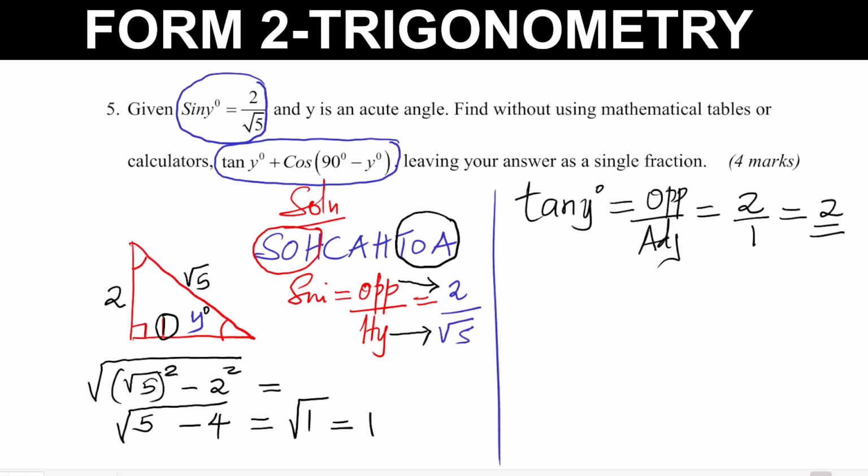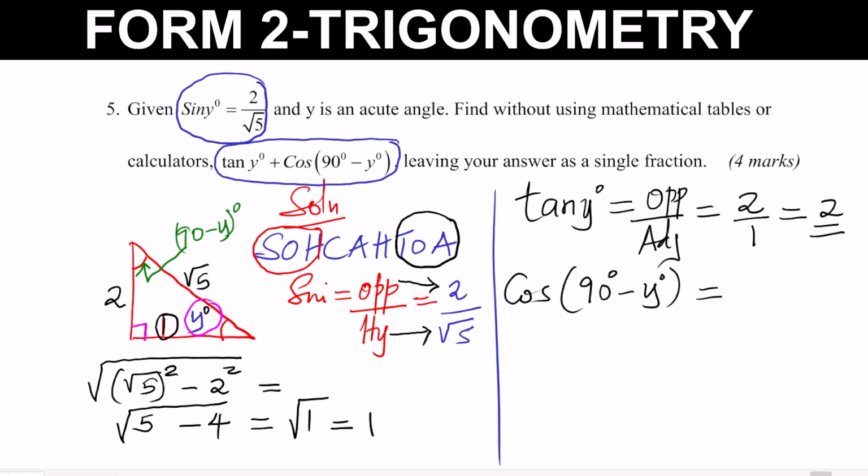Let's go to the other one, cosine of 90 degrees minus y degrees. We need to identify which angle this is. In this right angle triangle, we have angle y, and then the other angle that is 90. So the missing angle is the angle that is 90 minus y degrees.